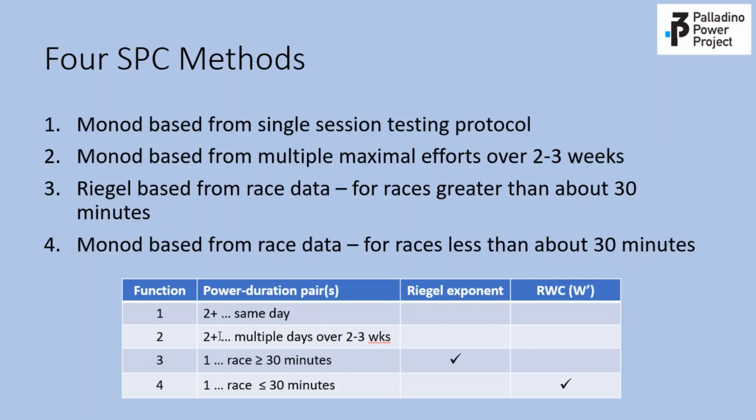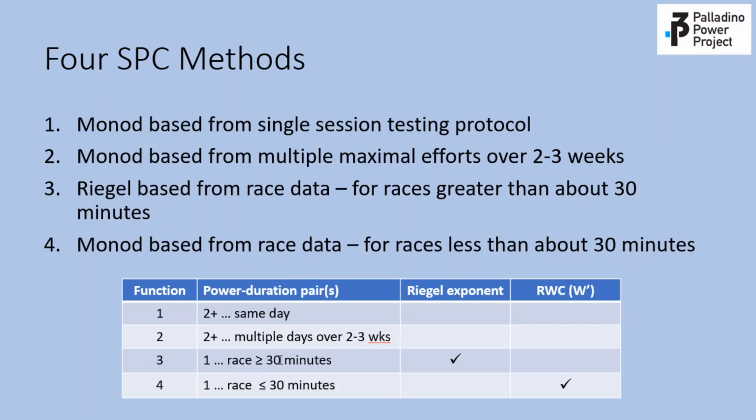That's it. In the second one, again, 2 or more power duration pairs, maximal efforts, and they can be from multiple days over 2 to 3 weeks. The third one is the Rigel model that's been in there in the SuperPower Calculator. You need 1 power duration pair, which is a race.